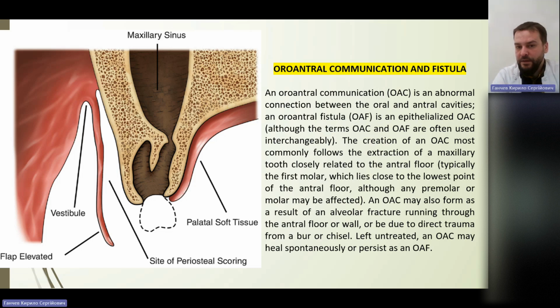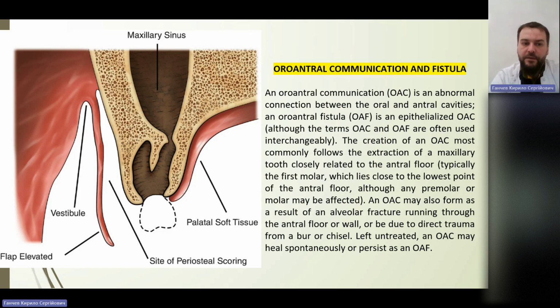That communication can also form as a result of an alveolar fracture running through the antral floor wall or be due to direct trauma from a bur or chisel. Left untreated, that communication may heal spontaneously or persist as a fistula, meaning an oroantral fistula.